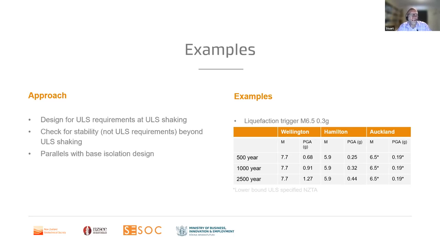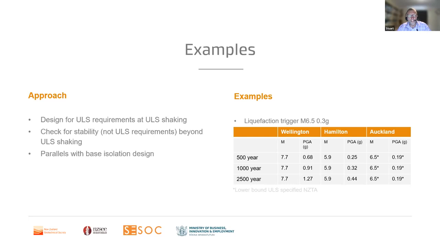So once again, repeating the approach, what we're trying to design for is ultimate limit state requirements at ULS shaking and having a low probability of collapse under those conditions. Then we want to go on and check for stability beyond ULS.